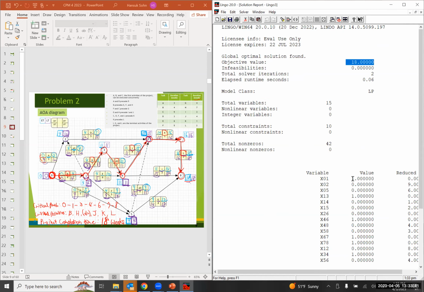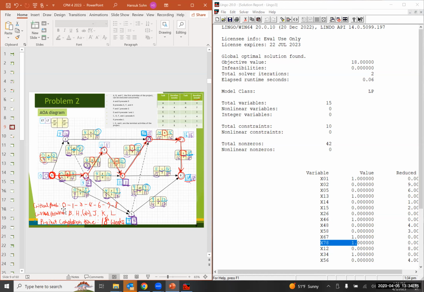And the Lingo output tells us the critical path should be 0, 1, right? Right here, 0, 1, 1, 3, 4, 6, 7, and 8, which is identical to what we've already identified, right?